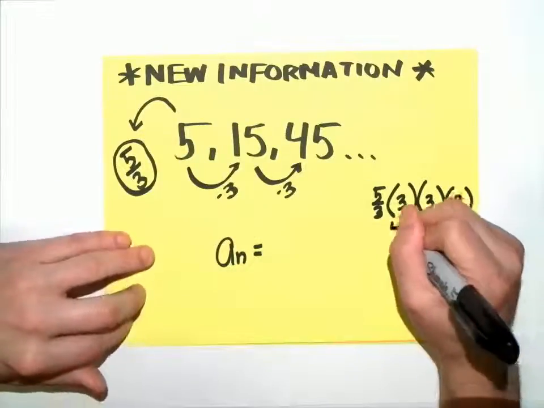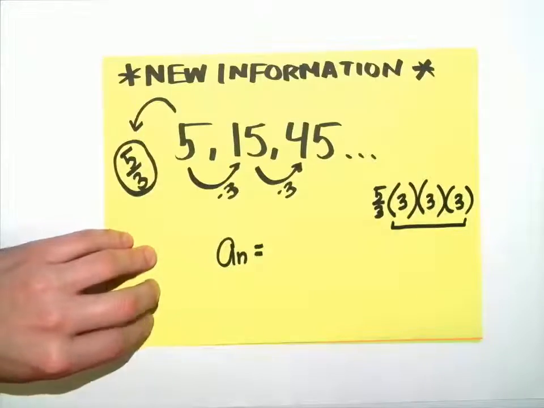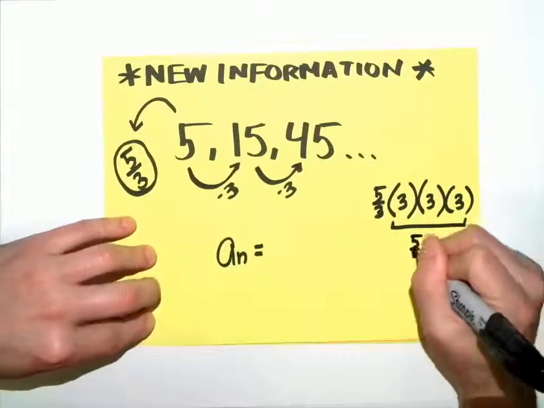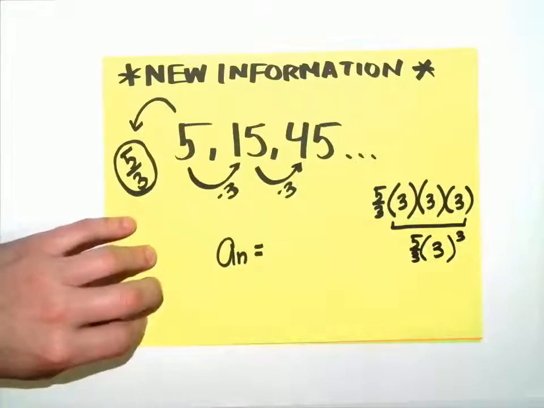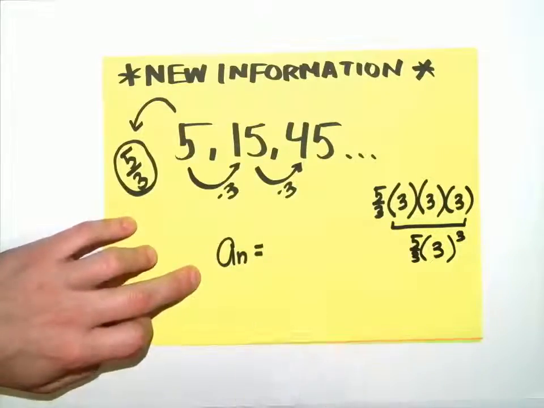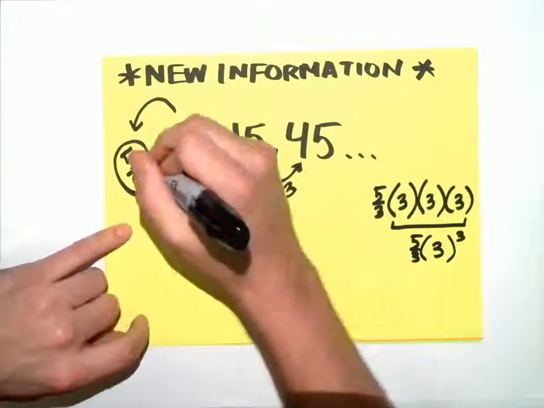And do we have a way of writing repeated multiplication? The answer is yes. If we want to do repeated multiplication, we use an exponent. So this might be written something like 5/3 times 3 to the power of 3. So in our general rule, we're going to say we're starting at 5/3 because that is our 0 term.